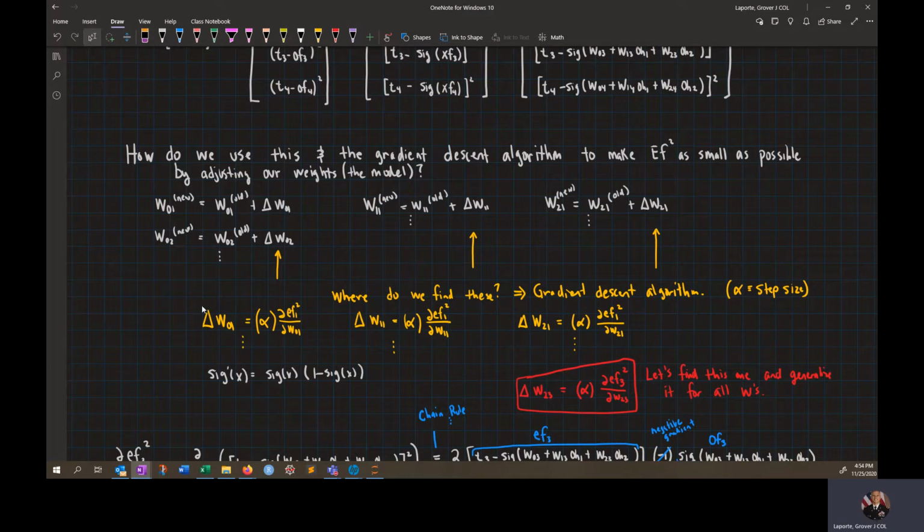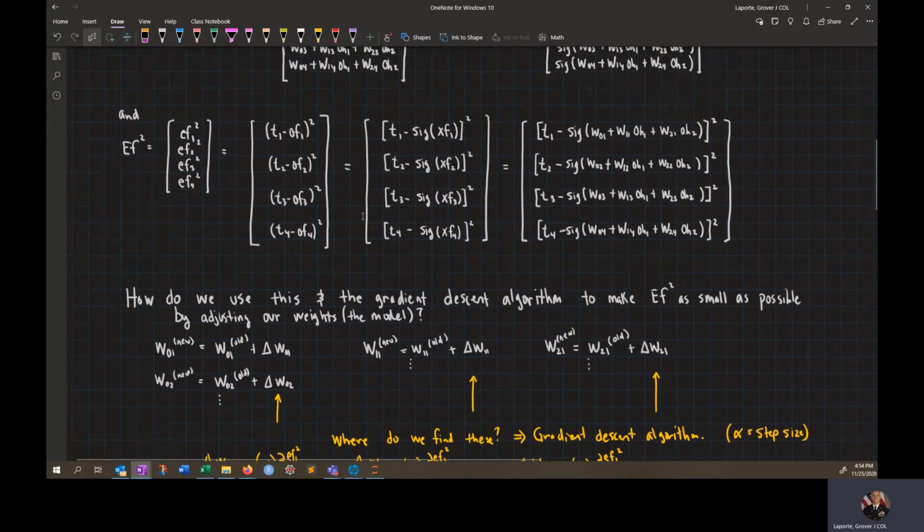So the delta WO1 is some alpha times the gradient of this EF1 squared with respect to WO1. The delta W11 is, again, this alpha times the partial derivative of EF1 squared with respect to W11, and so on and so forth. You can see that each one of these uses the EF1 squared. Why?